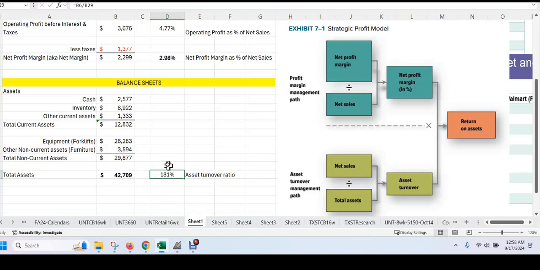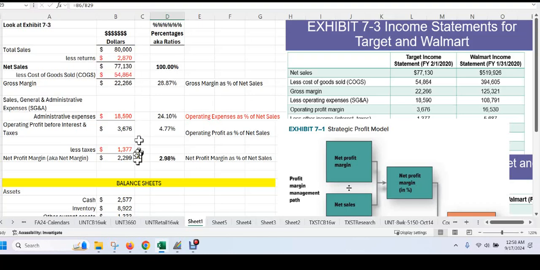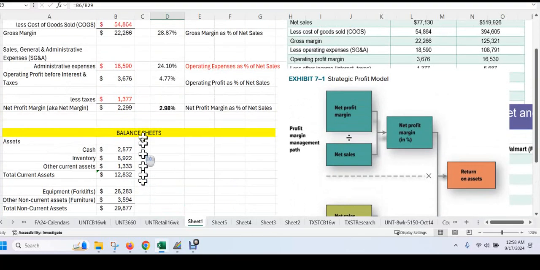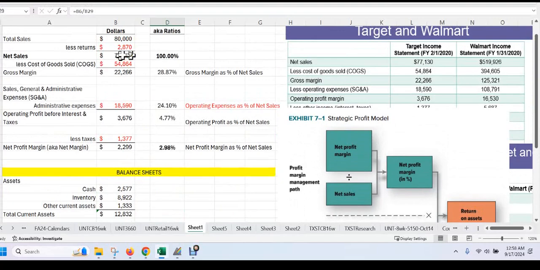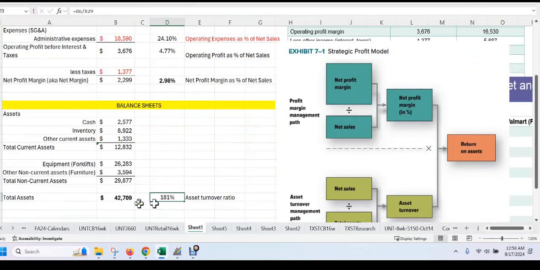It means that you're almost getting twice as many dollars in sales as you have assets. Look at that. It says 181%. Now, I'm not going to do this math in my head, but if I look at 77,000 and if I look at 42,000, well, heck, Dr. Mims, if I were to double that, that'd be almost 200%, which would be 84,000, right? So we're almost making $1.80 for every dollar of asset we are using.